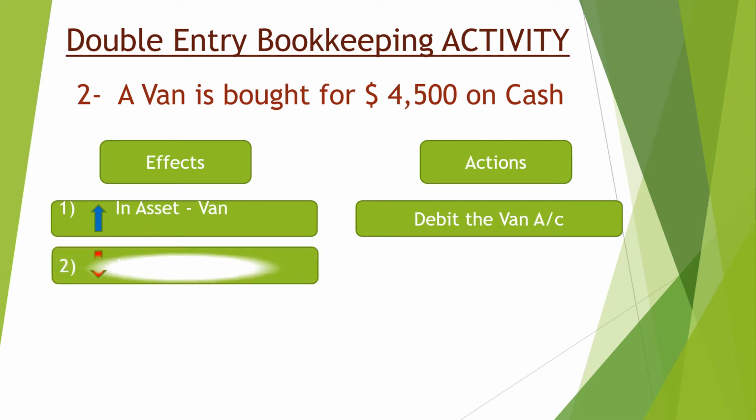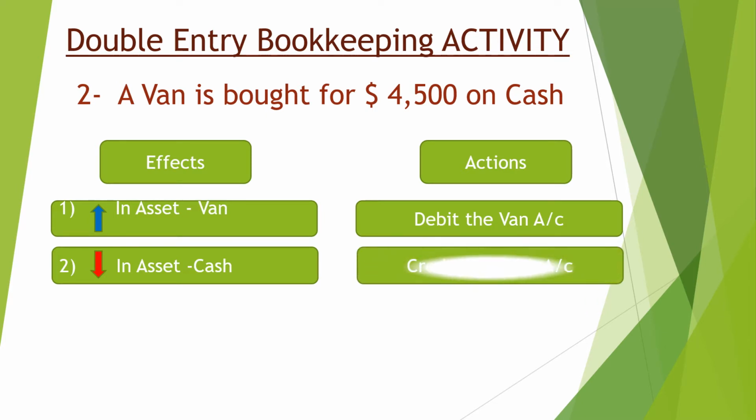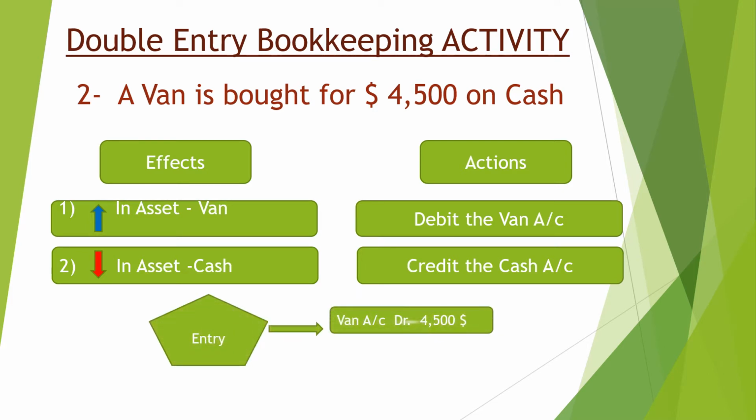The other effect is decrease in cash, which is an asset account. So when an asset is decreased, it will be credited. So our final entry will be van account debit by 4,500 and cash account credit by 4,500.